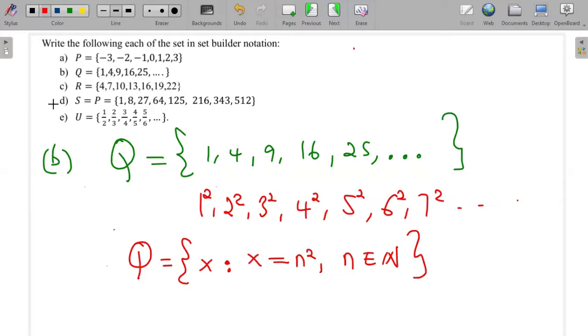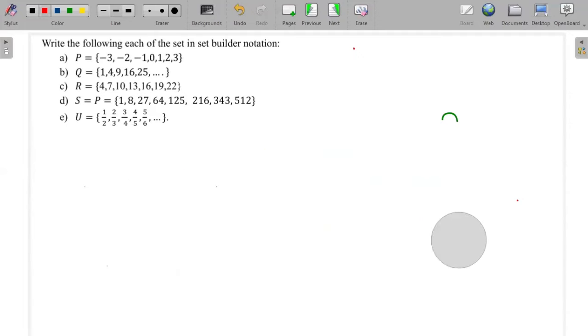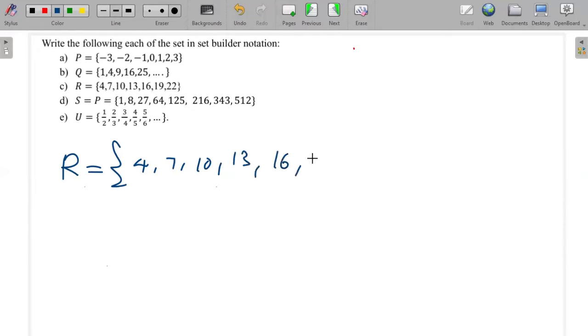What about part 3 or part C? Let me write it first. So R, and they've written 4, 7, 10, 13, 16, 19, and then 22. Is there any pattern that we are noticing in this set?